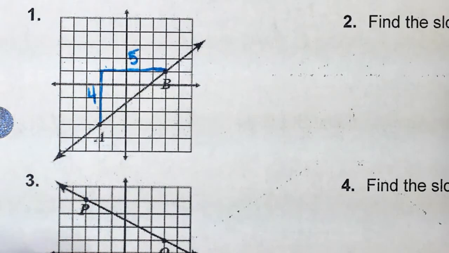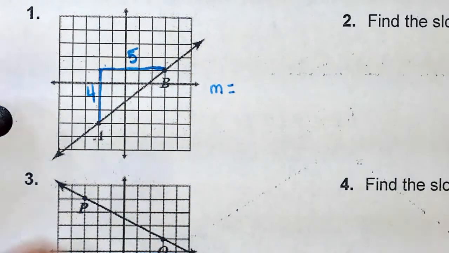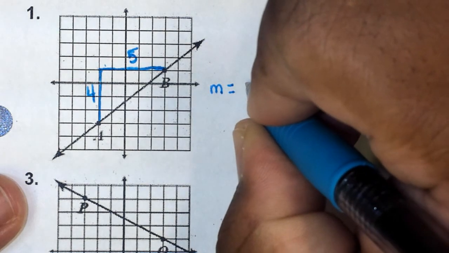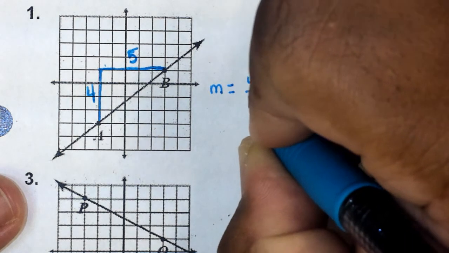So it's rise over run. Only thing you need to ask yourself before you write your slope is if it's positive or negative. Billy, based on this line and the direction it's going, is it positive or negative? Positive. So my slope should be m equals 4 over 5.